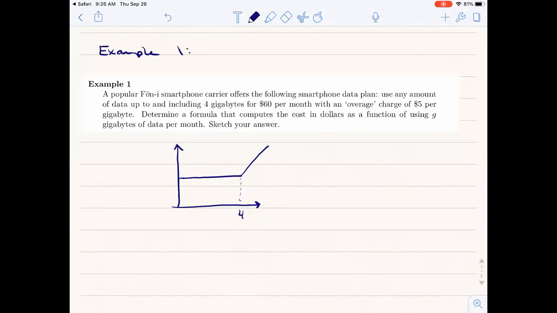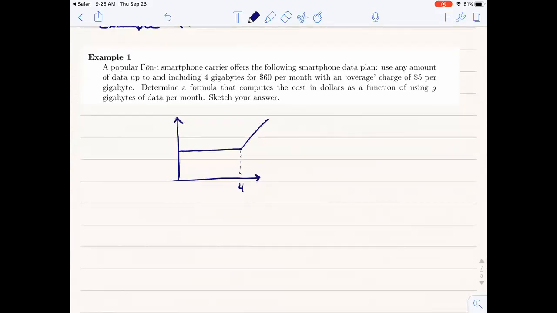So how do we make that into a function? Let's just talk it out. That first section, from 0 to 4 gigabytes, is a constant function at $60.